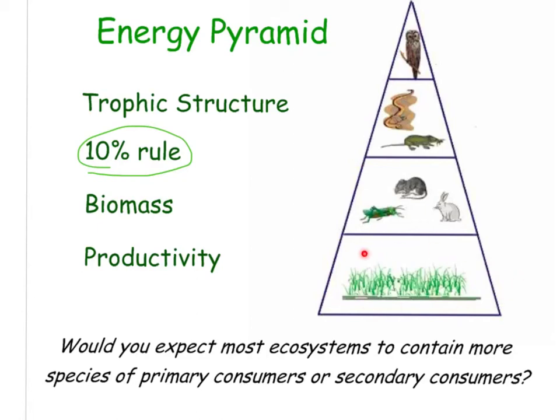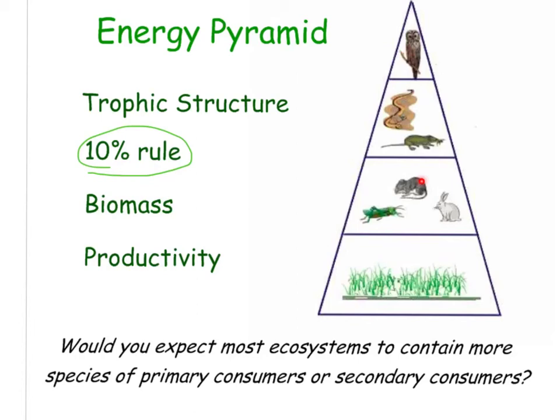So about 1/10 of the energy available here is going to these primary consumers here. So we call that the 10% rule. About 10% of the energy will be used by the next trophic level.